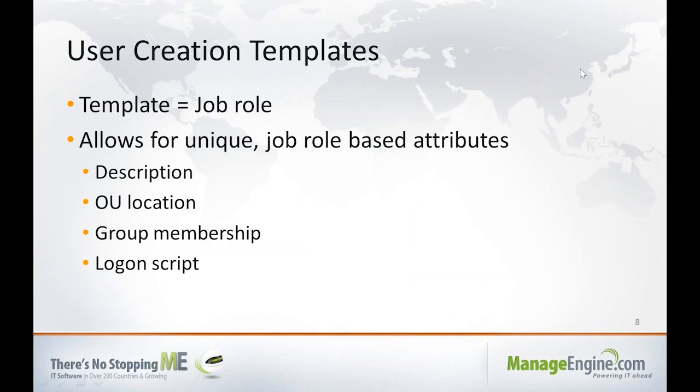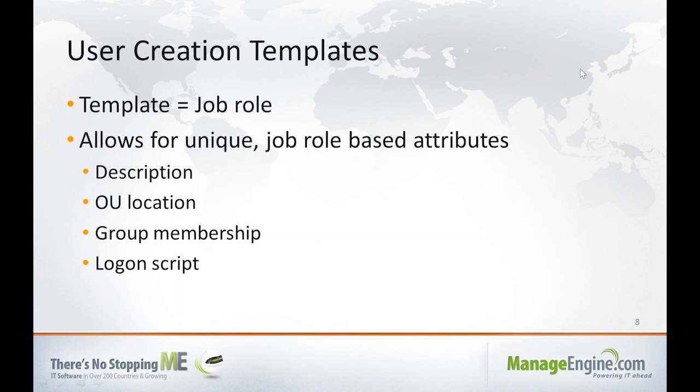So the templates, we recommend the template be the job role. Now, it could be sub-roles, secondary roles as well. So I could have finance, and then I have finance manager. Any of those things are possible. And with the copy function, it's very easy to produce the templates very quickly. Okay?